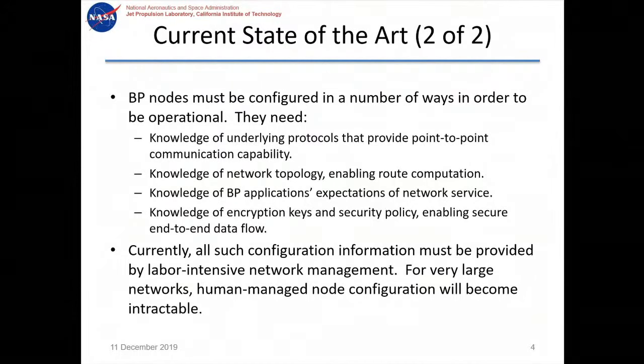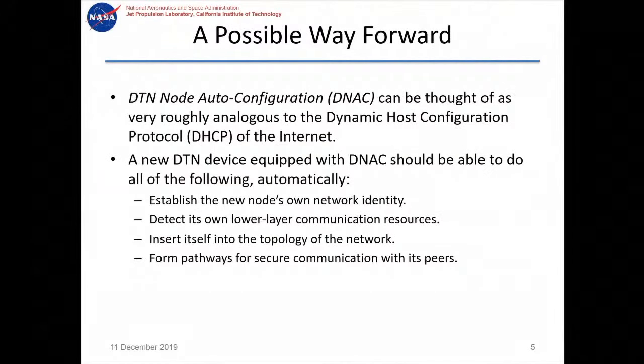And the way that the internet got around this problem, one way anyway, is using something called DHCP. And so the intent here is to come up with something that is roughly analogous to the way DHCP works in the internet. Very roughly, but analogous in the sense that it fosters that sort of scalability. So you can think of this D10 node auto configuration that I'll be talking about here as being very roughly analogous to DHCP.